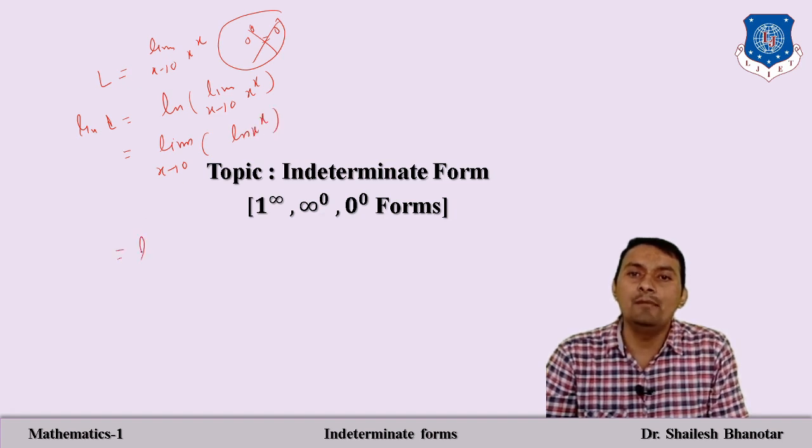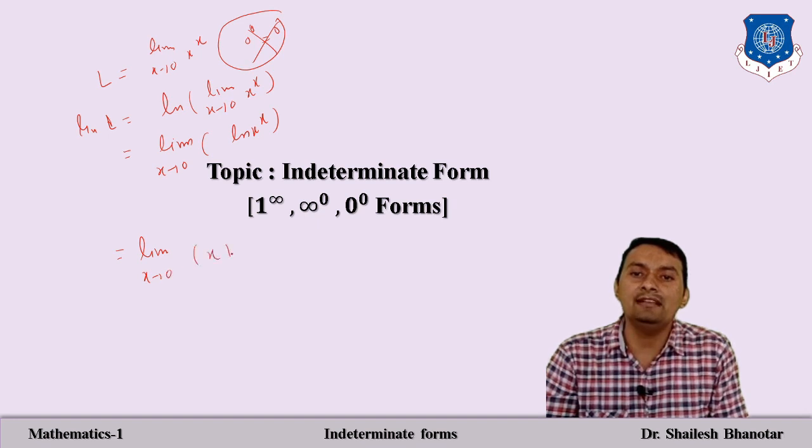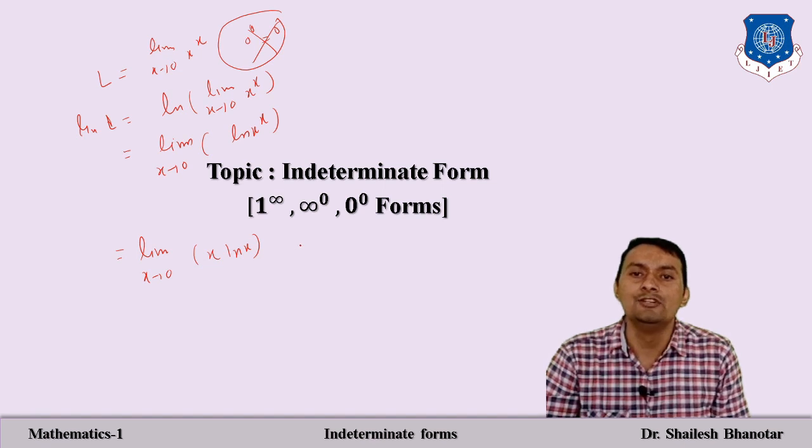Again we get x into ln x. But when we apply the limit, we get 0 into infinite, and that is an indeterminate form. So we have to convert it to 0 by 0, otherwise infinite by infinite forms. So here limit x tends to 0, ln x divided by 1 divided by x.